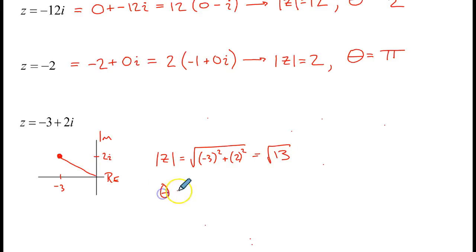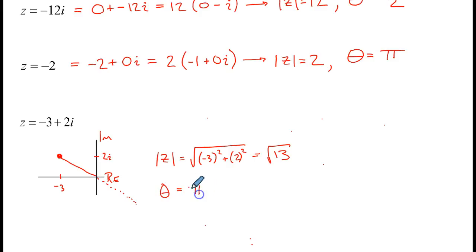Now for theta, well, hold on a second. Let's see. This is the angle theta that I need. But I'm in quadrant 2. If I use arctan of 2 over negative 3, I'm going to get something down here in quadrant 4. You have a choice, folks, and I talked about this in class today. What I would do here is one of two things.